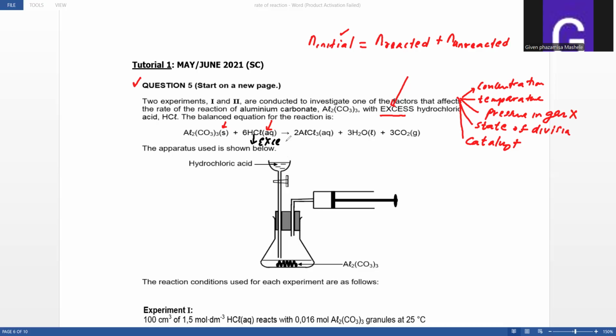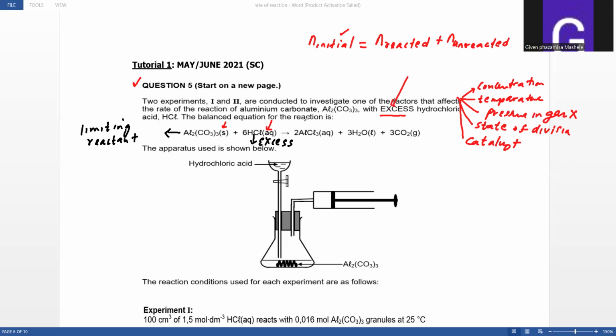So if hydrochloric acid is in excess, whatever is reacting with it will be used up completely. So this will be the limiting reactant. It means not all of the moles of hydrochloric acid will be used up. Some will remain in the reaction.